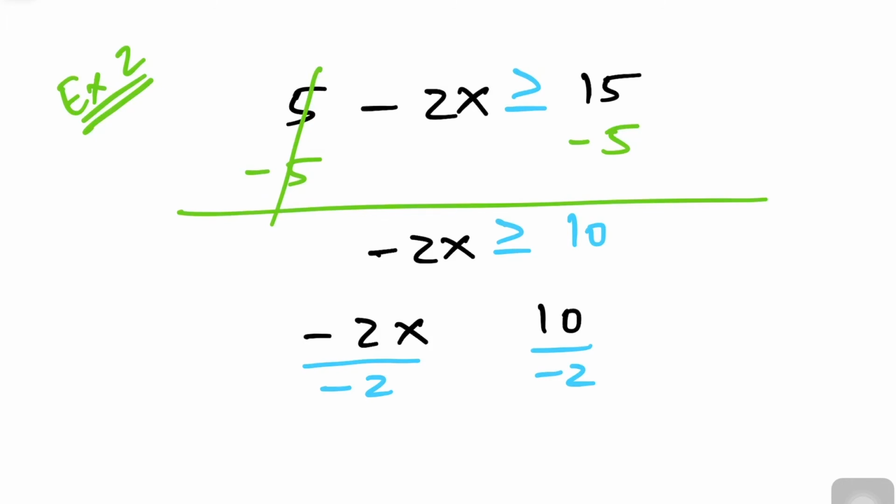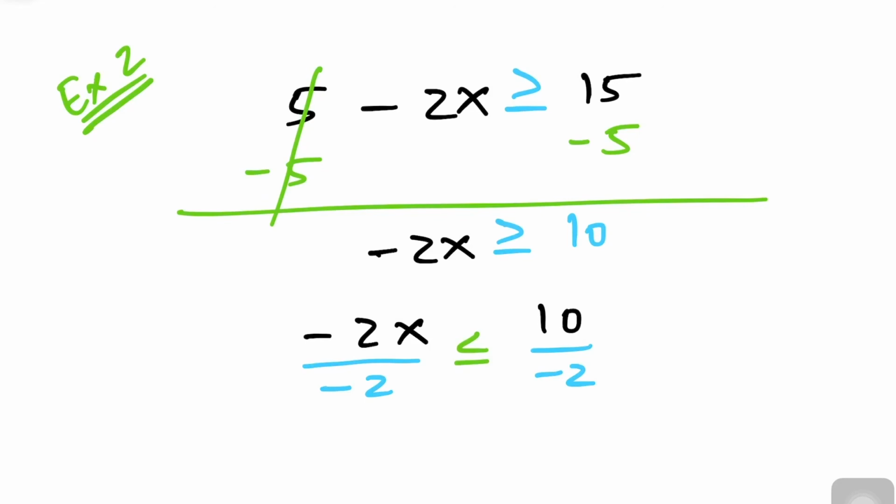But I hope you remember from our example 1, I said whenever you multiply or divide any inequality by a negative number, the sign will change, okay? So this greater than or equal to will become less than or equal to sign. So it's extremely important, okay? Let me say it one more time.